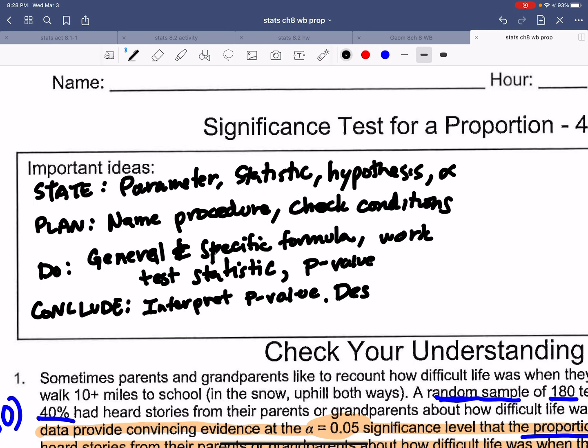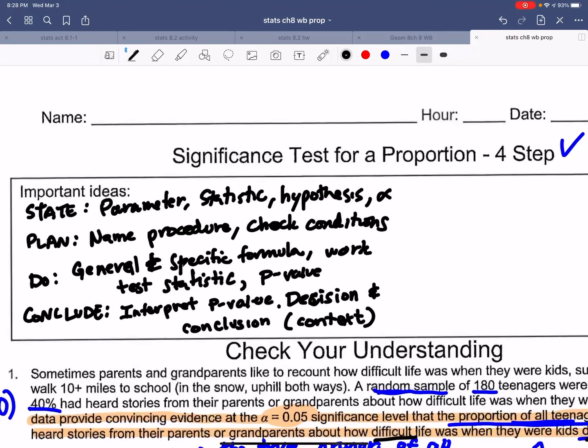And then we want to include our decision, whether we reject or fail to reject the null hypothesis, and a conclusion of some sort, following a script. And don't forget your context. So you've got to talk about kids hearing stories from parents. That's got to be in there.